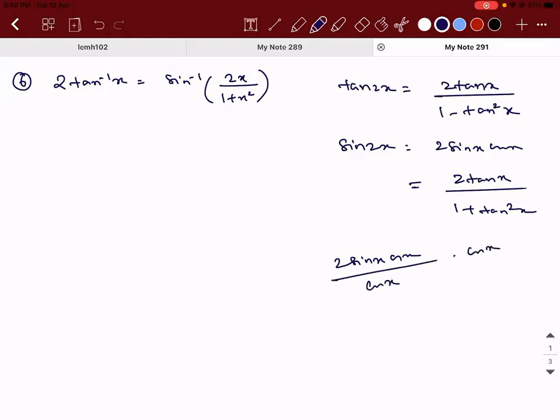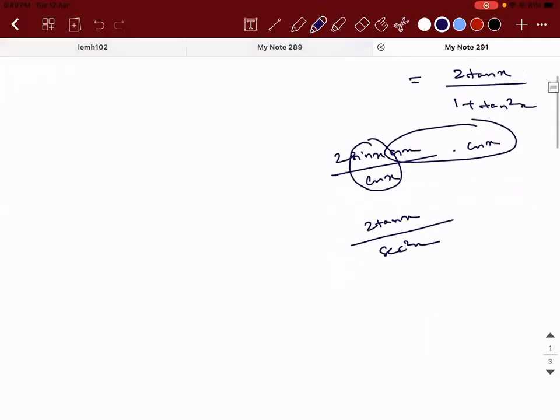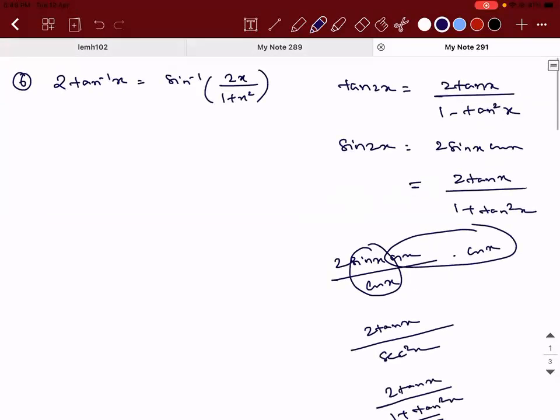So divide with cos x and compensate it with cos x. So 2 into sin x by cos x is 2 tan x, into what you have in the numerator, cos square x, I can write it as 1 by secant square x. But what is secant square x? 1 plus tan square x. So 2 tan x divided by 1 plus tan square x. If you observe, tan 2x and sin 2x will be very close to each other in terms of tan, except the fact that the denominator of tan 2x is 1 minus and sin 2x is 1 plus.